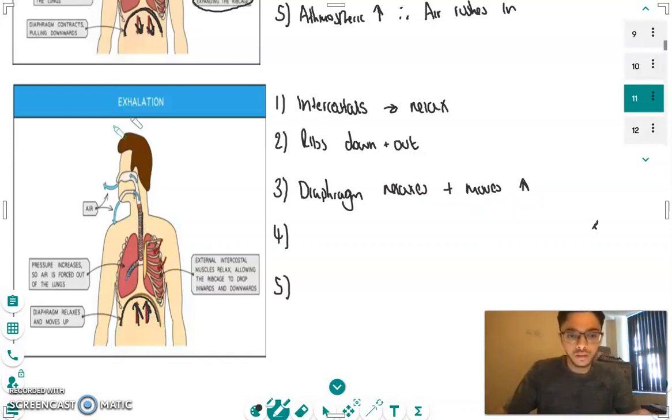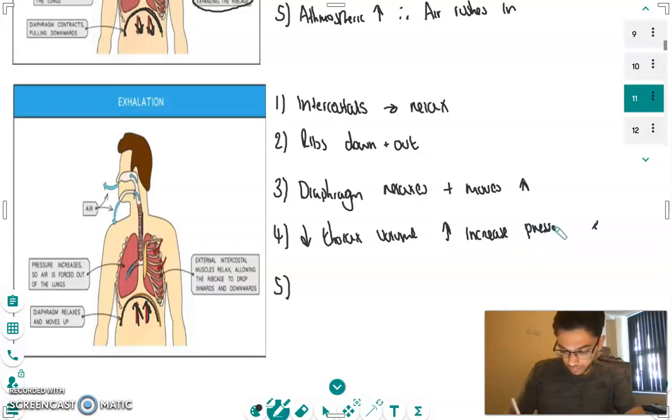Both of these things happening together, the external intercostal muscles relaxing and the diaphragm muscle relaxing, decreases the thorax volume. And whenever the thorax volume decreases, the pressure inside the lungs will increase.